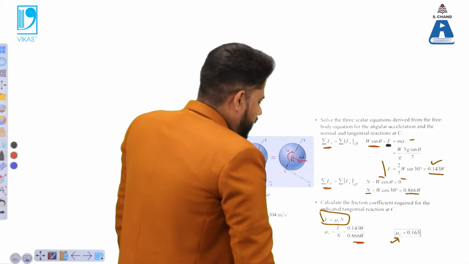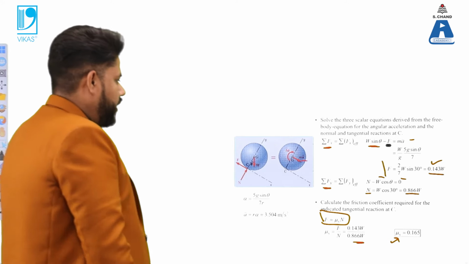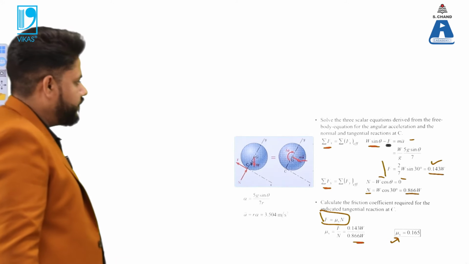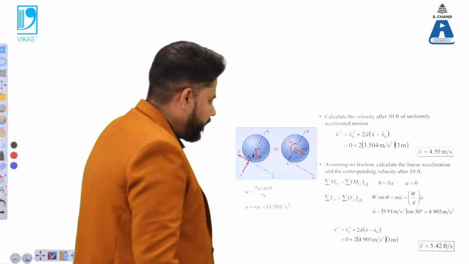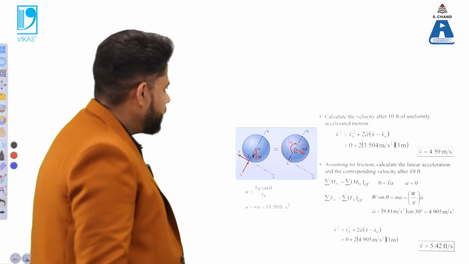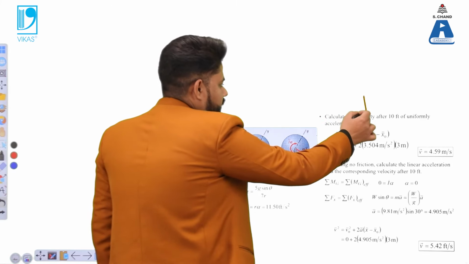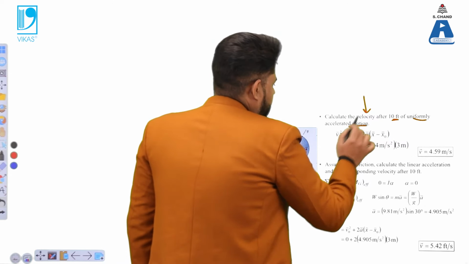So we get the value of this mu s component, and W was not given to us in the question. If it is given, then we can substitute that value directly. So next, the question demands that we calculate the velocity after the uniformly accelerated motion.